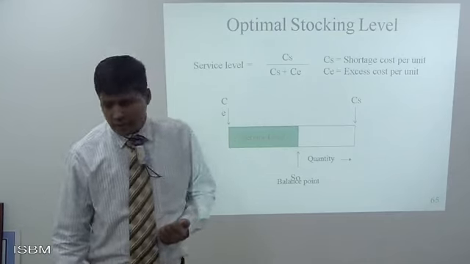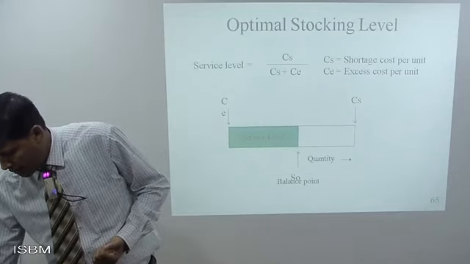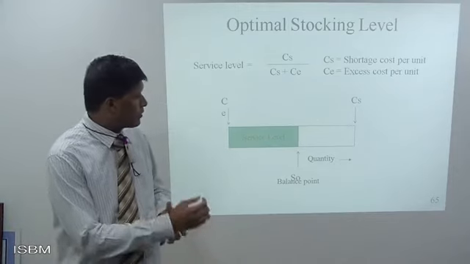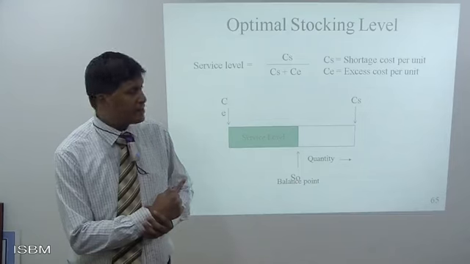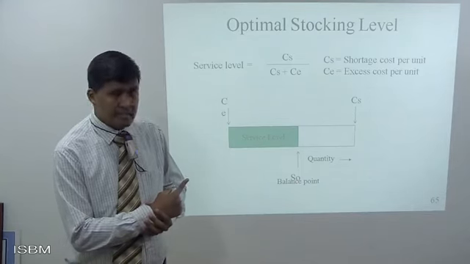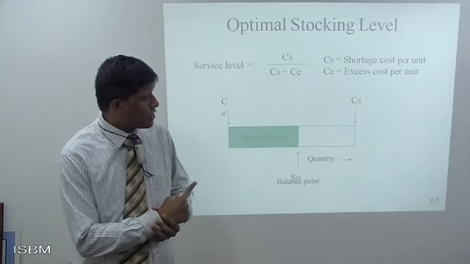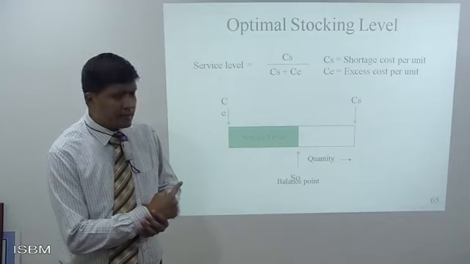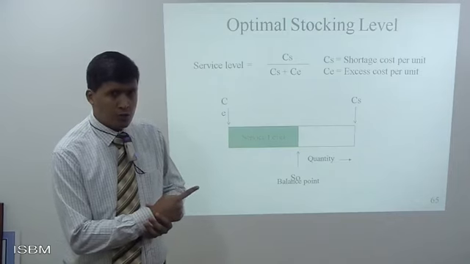If you want a graphical representation of the optimum stocking level, it goes something like this. Service level is equal to CS divided by CS plus CE. CS is the shortage cost per unit. CE is the excess cost per unit.